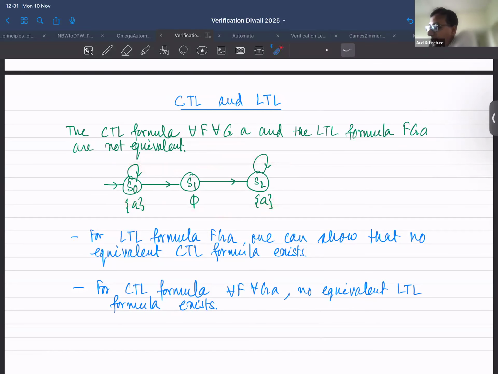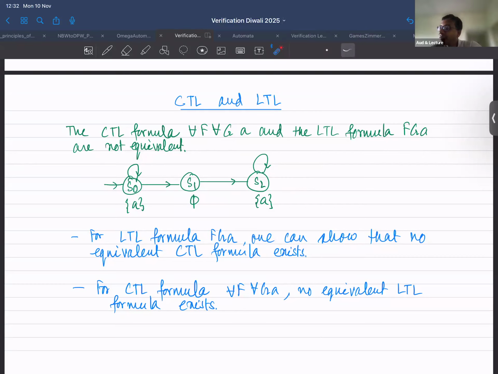Can you tell me which formula is satisfied by this Kripke structure, this one or this one? Clearly, since I'm saying they're not equivalent, it's not going to satisfy both of them, right? So can you tell me which one is satisfied?